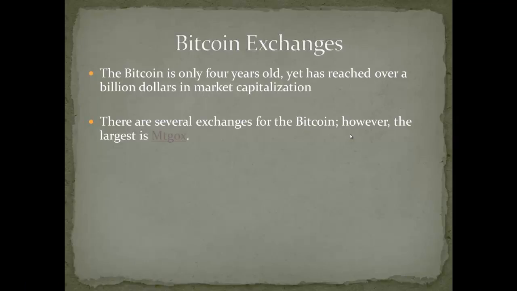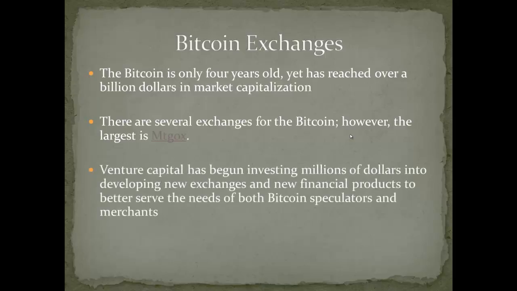Mt. Gox is responsible for a large chunk of all of the Bitcoin transactions as of now. That said, venture capital has begun investing literally millions of dollars in developing not only new exchanges, but also financial products to better serve the needs of Bitcoin speculators and Bitcoin merchants.